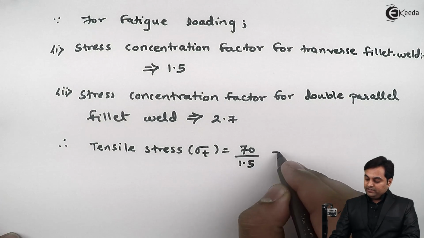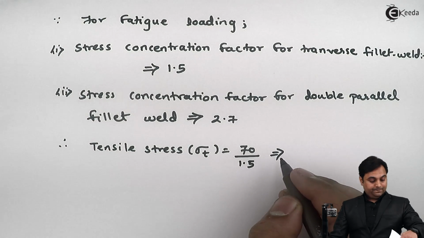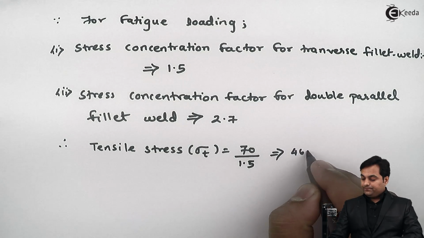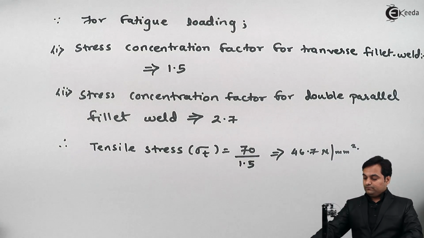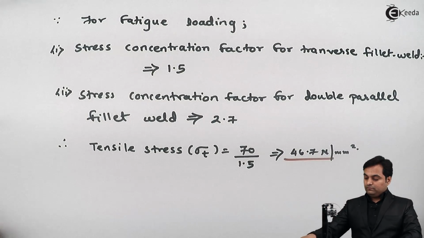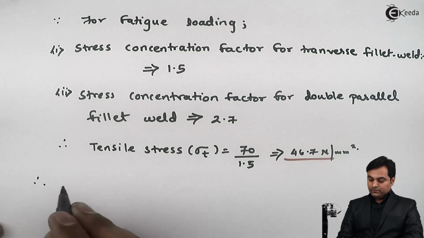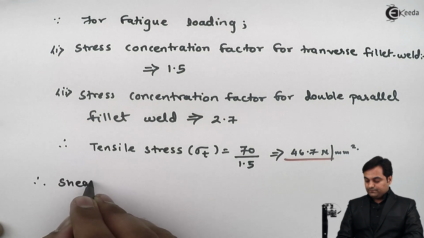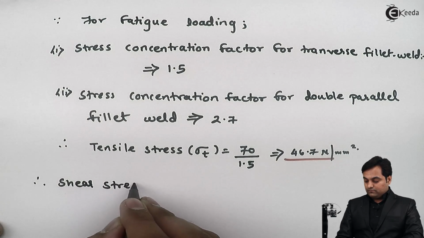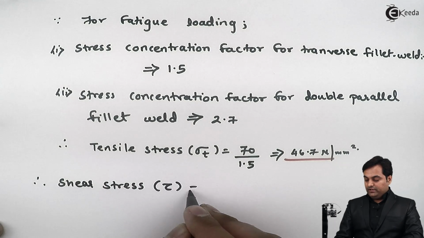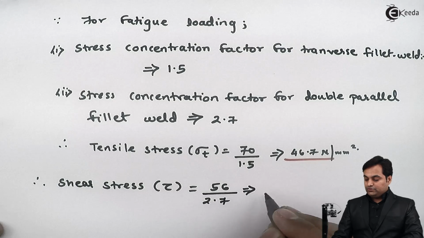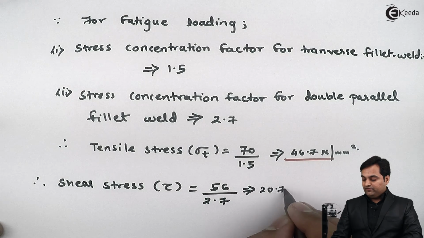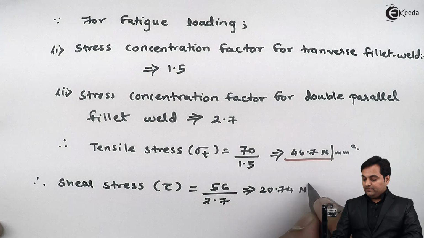So sigma T comes out to be 46.7 Newton per mm square, and shear stress tau will be 56 divided by 2.7, so this value is 20.74 Newton per mm square.